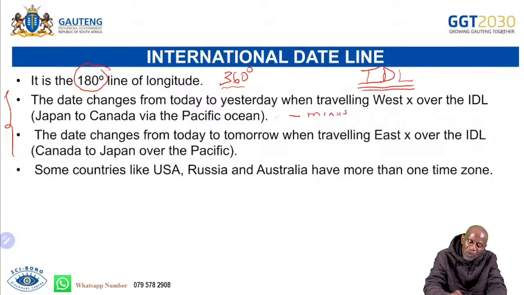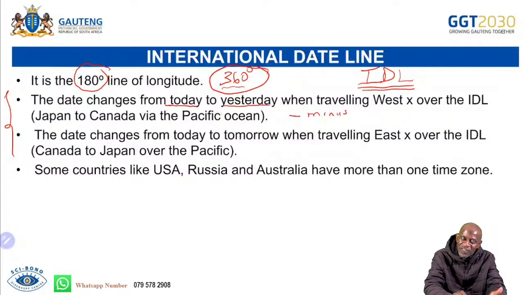And once you cross this line, as you do the subtraction, as you move backwards, the date would change from today to yesterday when you travel towards the west and happen to cross or jump over the 180 degrees.